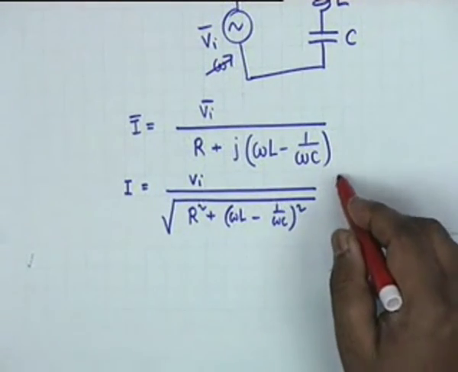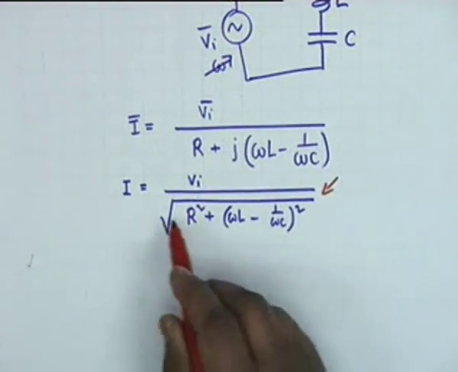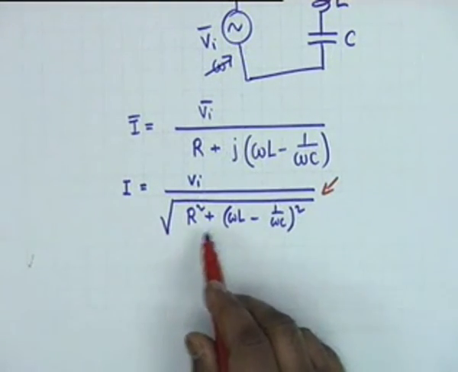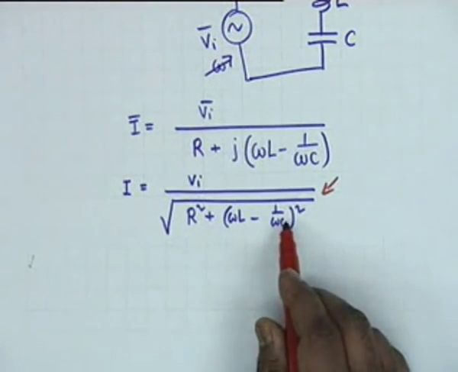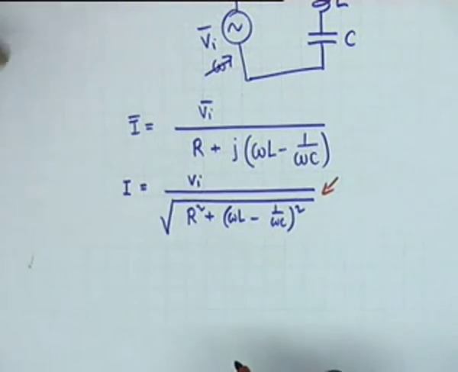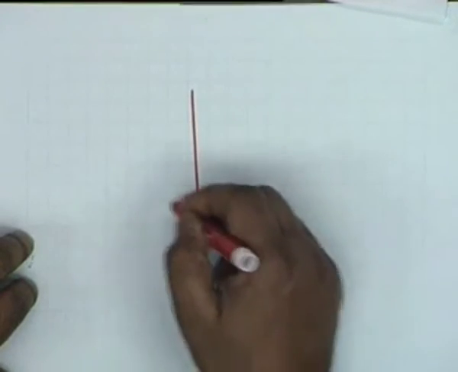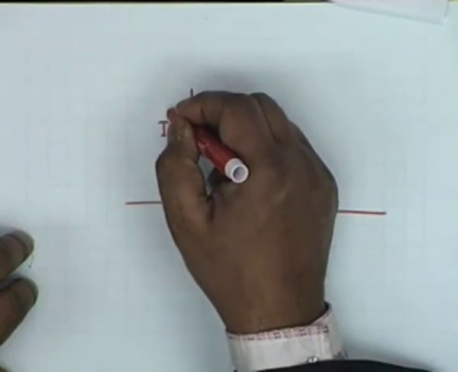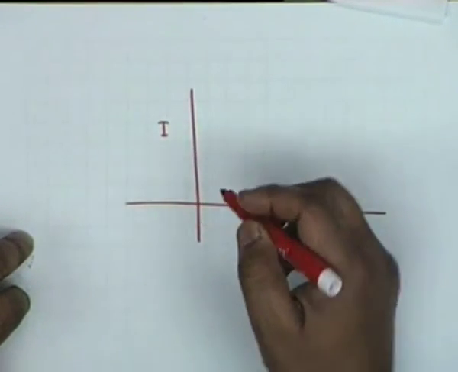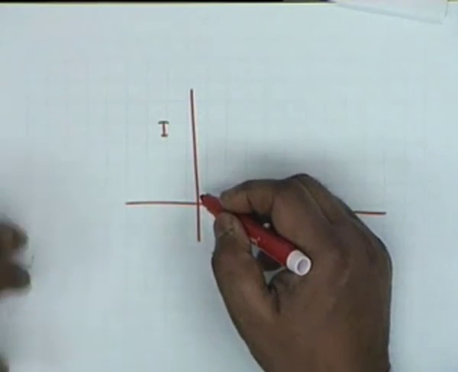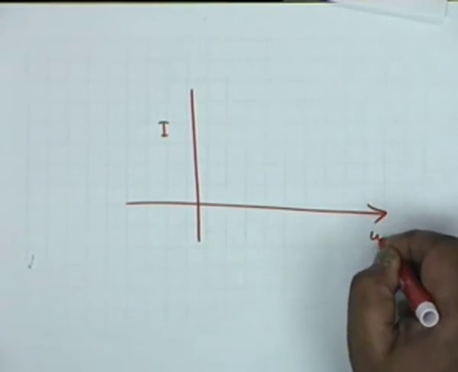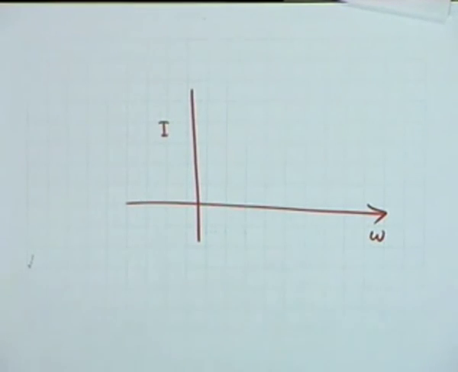Not only that, if you look at the magnitude, you see that the current will be a maximum when omega L is equal to 1 by omega C, and therefore if you vary the frequency of the circuit and you measure the current phasor, all right, the current obviously for omega equal to 0, what will be the current in this circuit? 0.